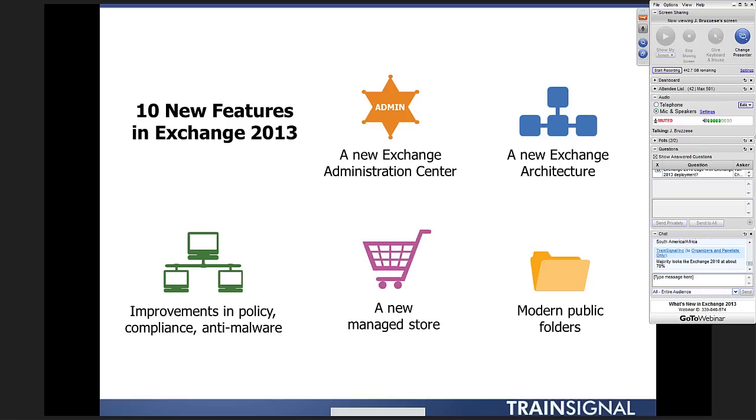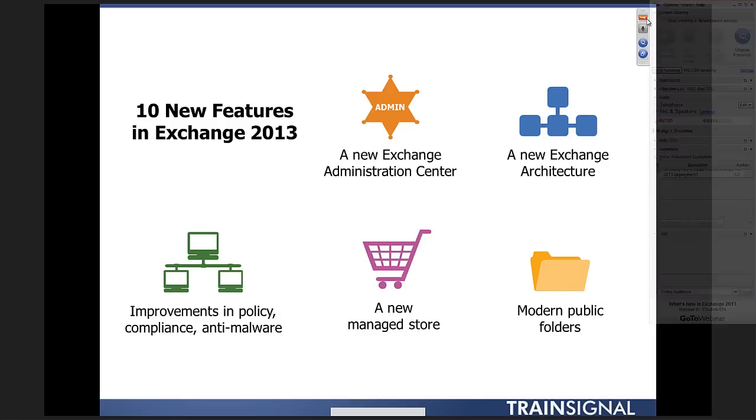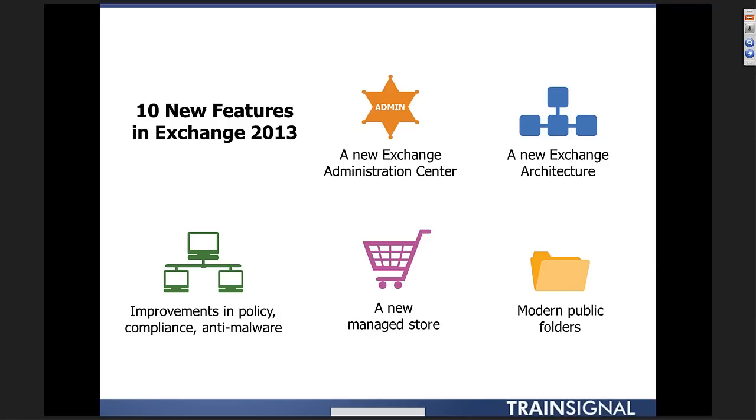Obviously, with compliance being such a huge factor these days, the goal is to make it so that your organization can ensure that everyone is protected, that all of the legal regulations are being followed, that email is being retained and archived, and that if an individual comes under some kind of legal scrutiny, you can place that mailbox on hold and ensure that every message can be discovered. So there's a lot there as far as policy compliance and anti-malware being included right in.